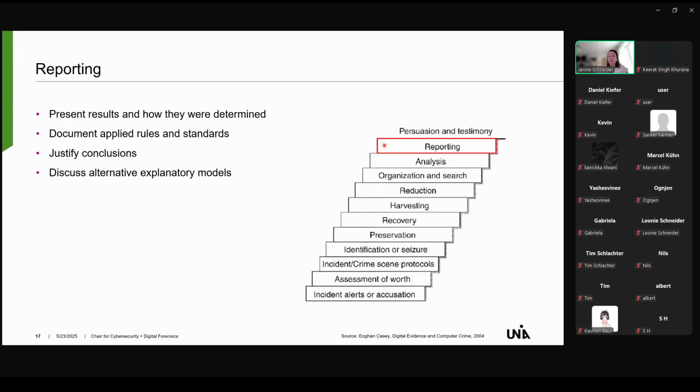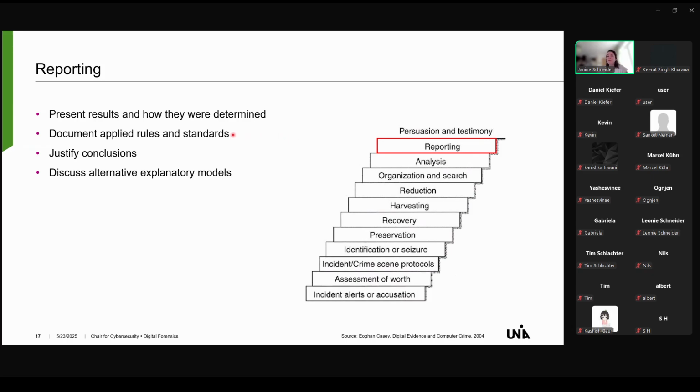Okay, so next phase is reporting. In the reporting phase, the results are presented, and not only the results, also how the results were determined. In this phase, people also report on the rules and standards that were applied.